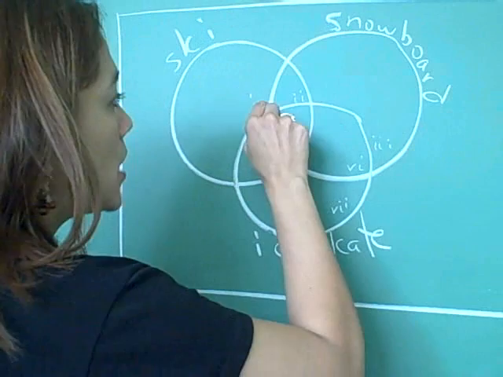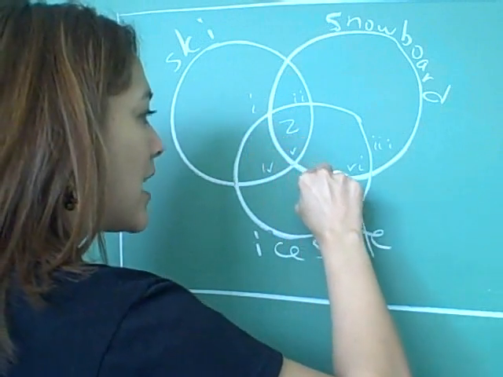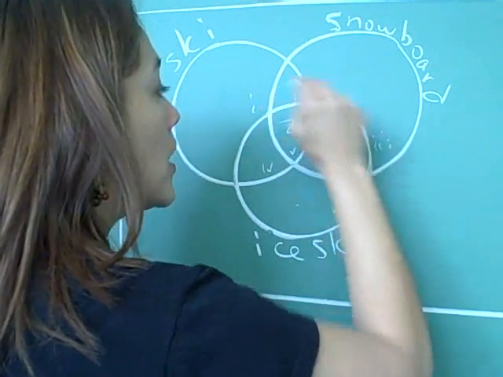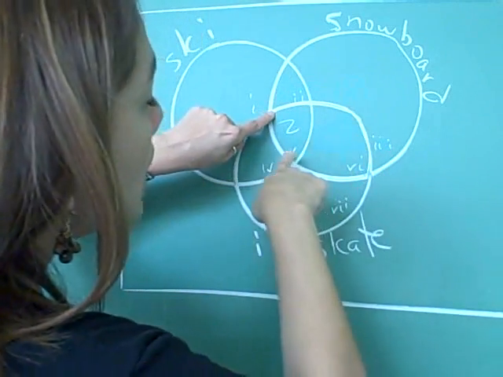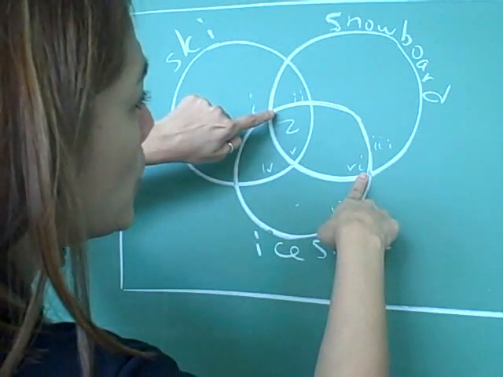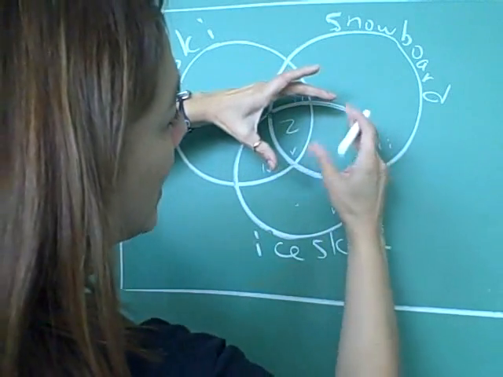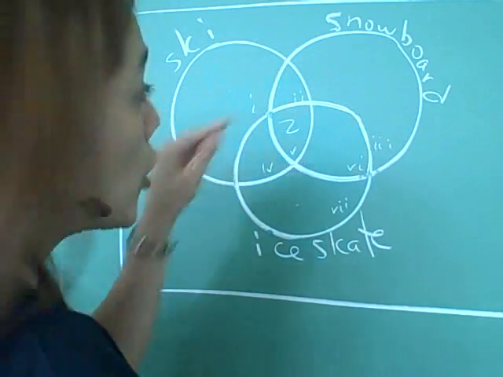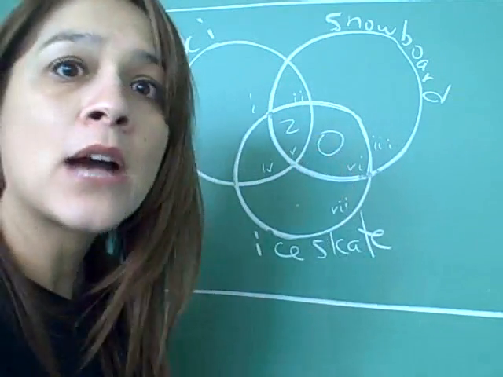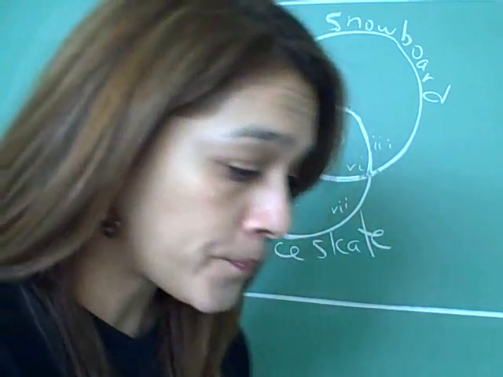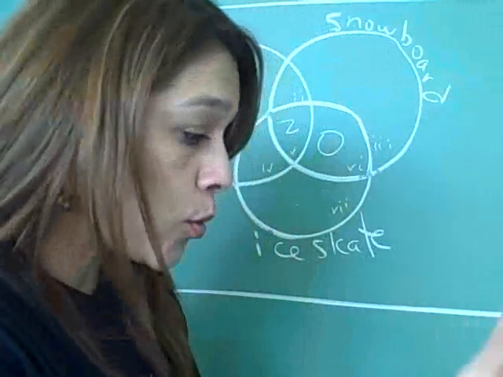The intersection of snowboarding and ice skating is this. It's this little eyelet right here. That's composed of region 5 and 6. So you'll notice that within that eyelet there's already 2 people there. Those 2 people have been accounted for. So within that other region, it's going to be 0. And that's the way that you have to work all of this.